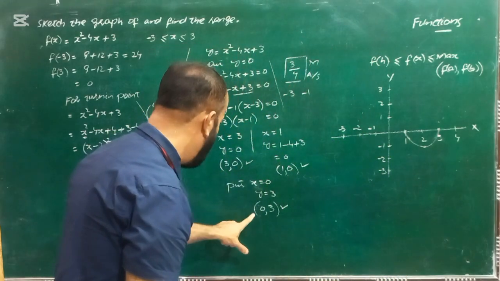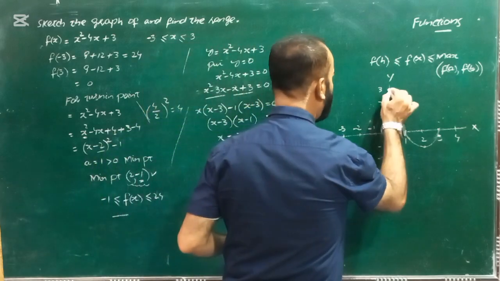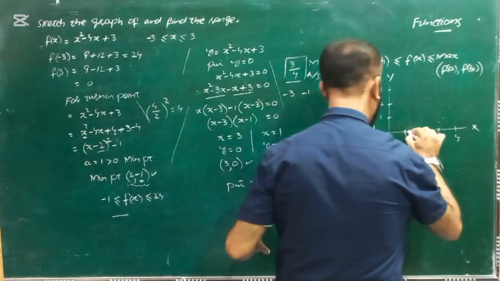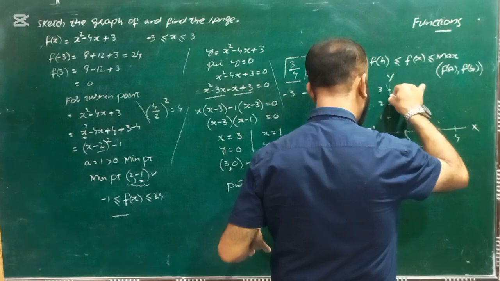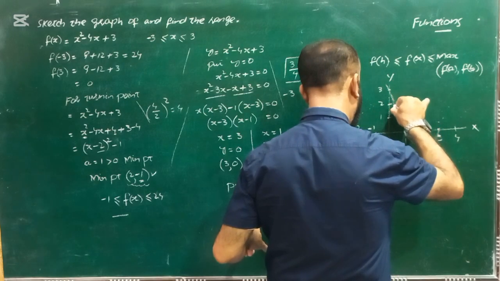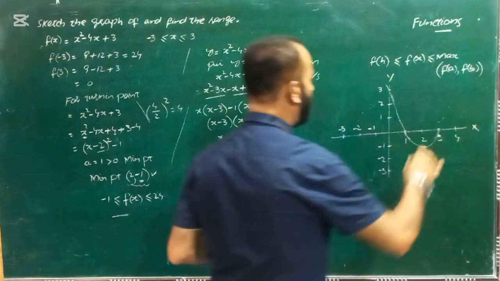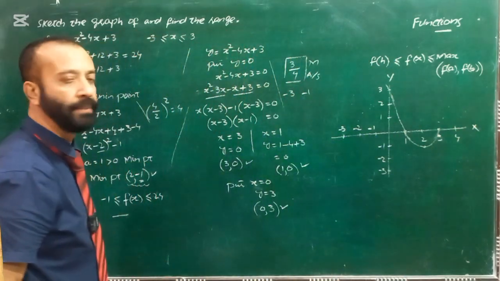And finally the point on the y-axis, that is 0, 3. So here is the 0, 3 point. So you will draw a freehand curve like this. So this is the sketch of the curve.